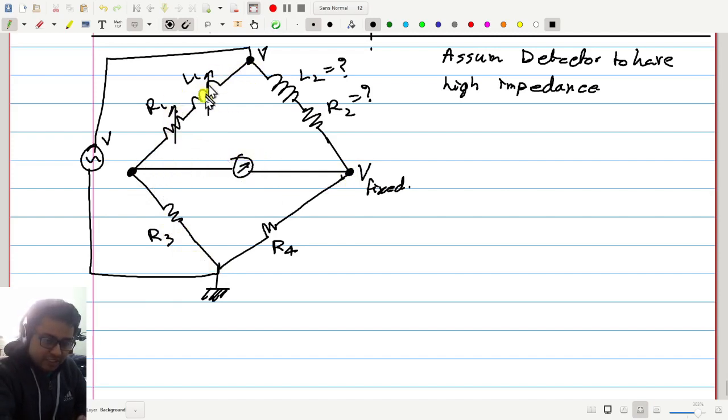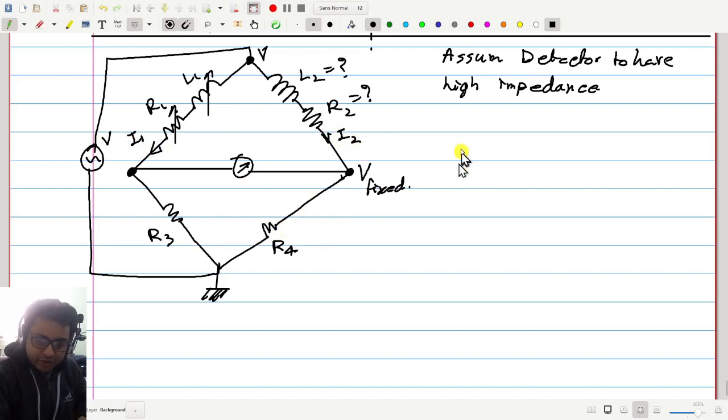So if you change this, the current in the left side of the bridge will change, and therefore this potential will also change. For a particular value of the left side current, this potential will be equal to this potential, and we will get balance. Let me call the left side current I1, this as I2.